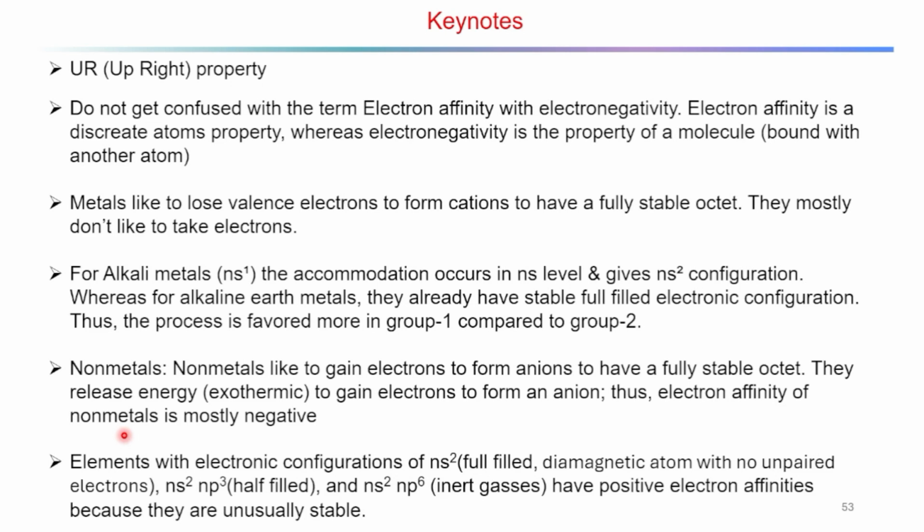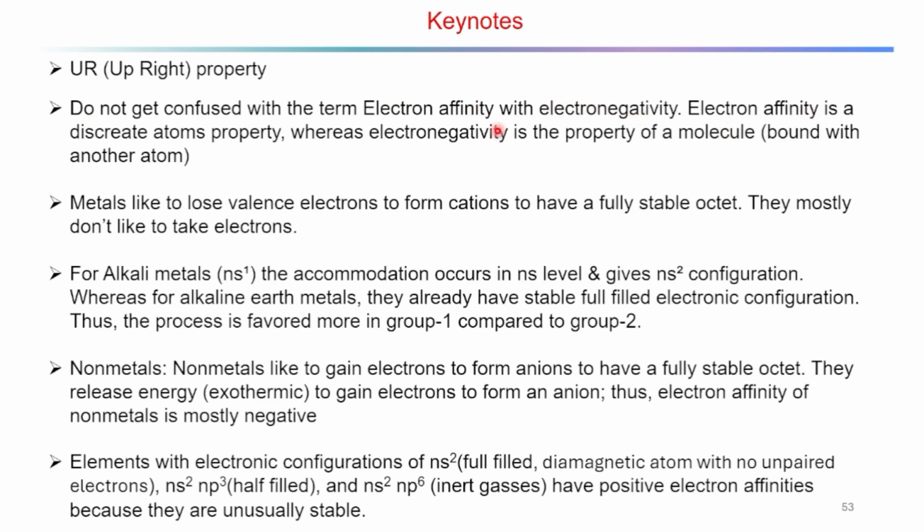So let's see some key points we have learned in this lecture regarding the periodic trend of electron affinity. We found out that this is an upright property, so it increases from left to right along a period, and it increases from bottom to up along a group. Do not get confused between electron affinity and electronegativity.